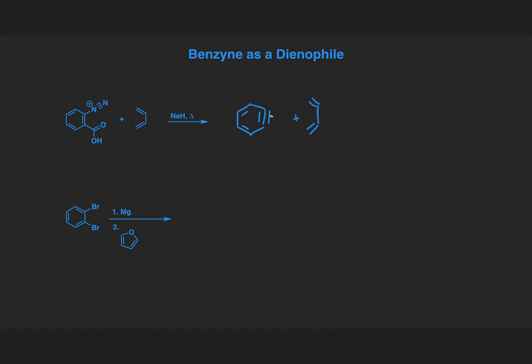And so these electrons are going to attack the diene, which is going to kick these electrons down and kick those electrons across and give benzene with a new 6-member ring and a double bond across.